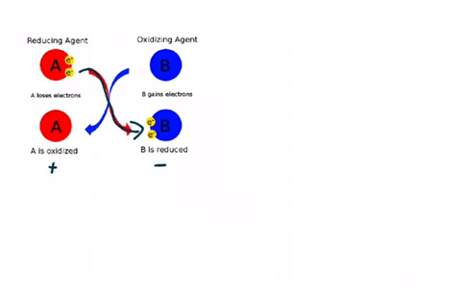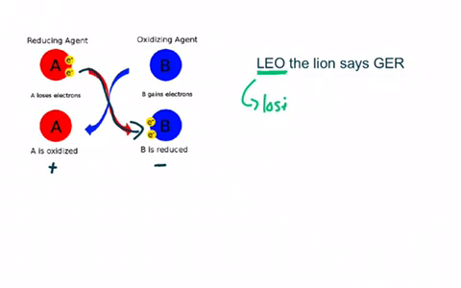Now, one way to keep track of this is using a handy saying called Leo the Lion says GER. Alright, so there you go. So the LEO part stands for losing electrons is oxidation. Okay, and that's what we saw in this example over here.